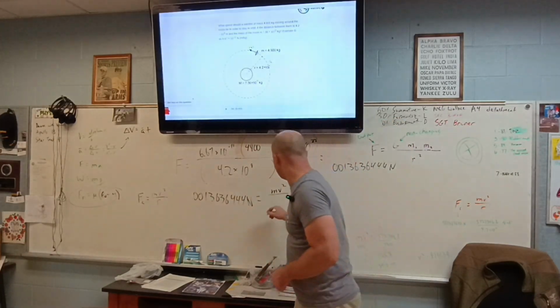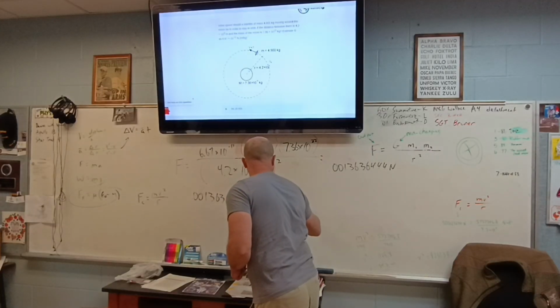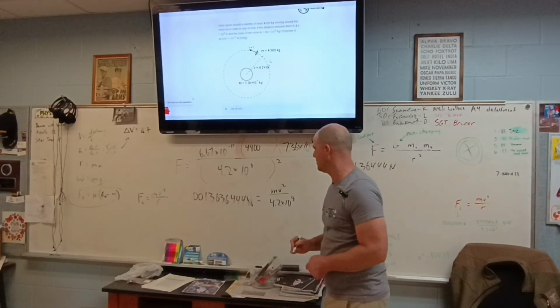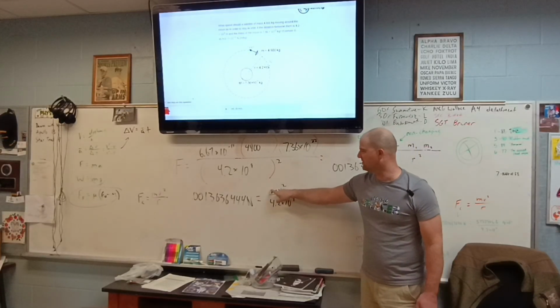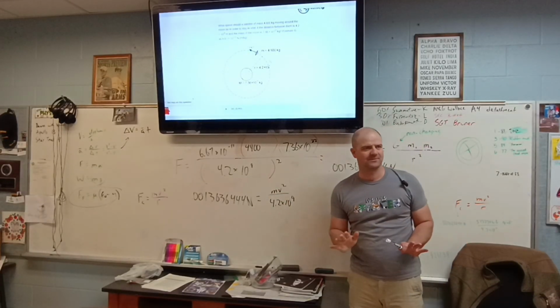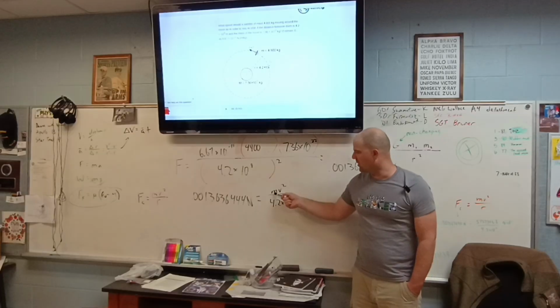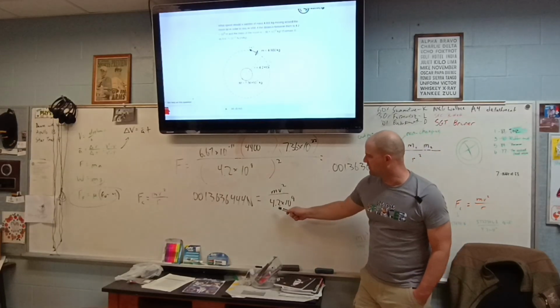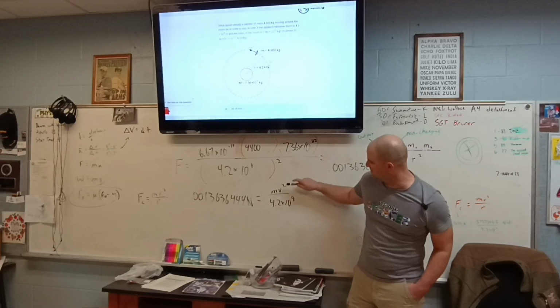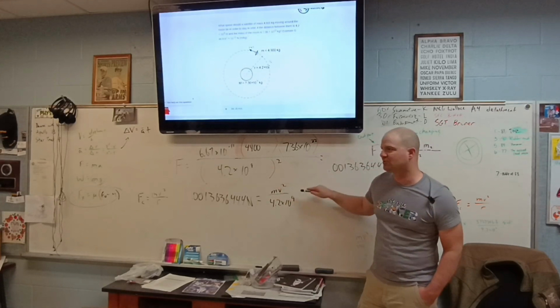It's right there: 4.2 times 10 to the 9th. We have the mass of the satellite, but hear me out. I don't want to put it in there, not yet. The way this is set up, we can solve for this whole chunk, can't we?